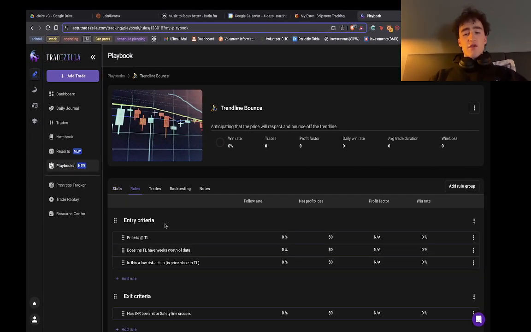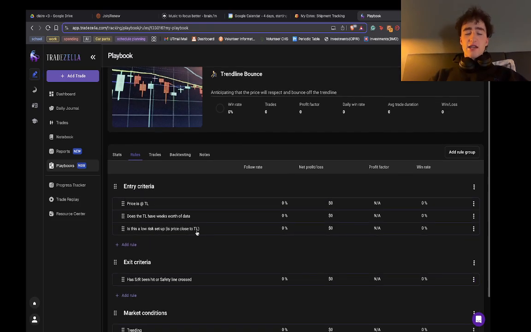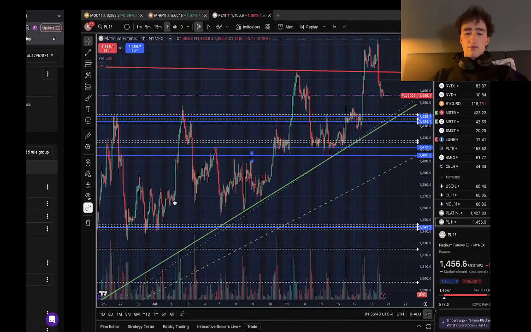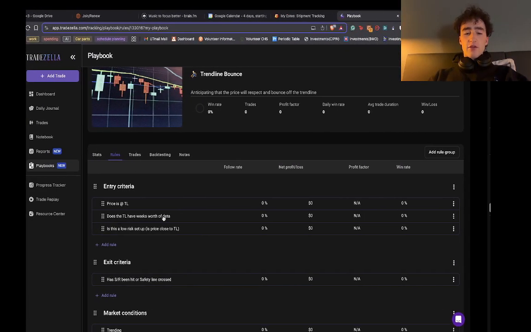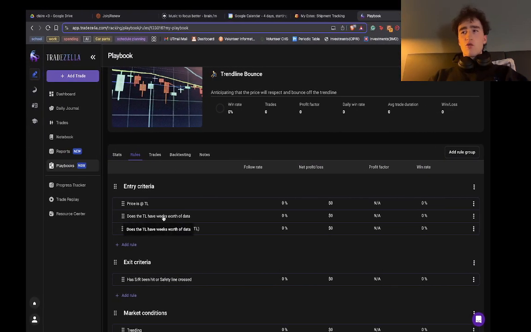A few of my entry criteria for this one: first, price is at the trend line, so price is at this trend line right here. Second, weeks' worth of data. That's really important, because if you are trading on the 1 hour or 4 hour, you need the trend line to have significant data backing it for it to be worthwhile. And third is the low risk setup.